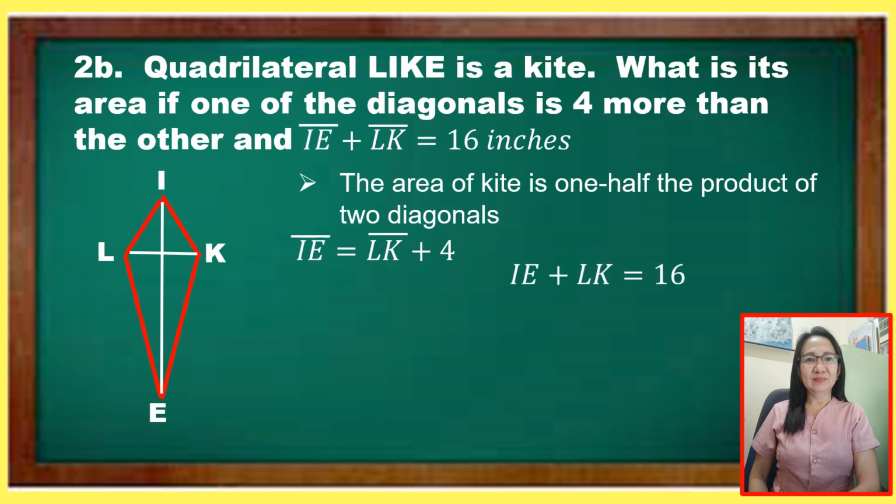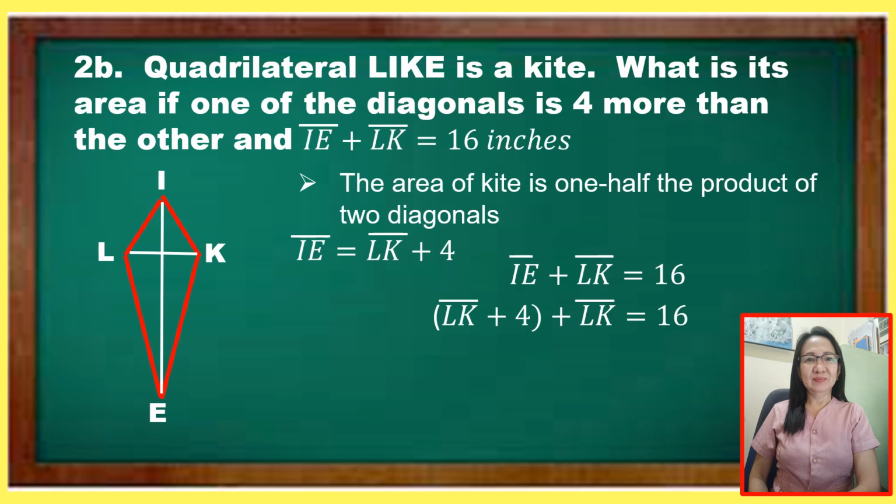It is also stated in the problem that the length of IE added to LK is 16 inches. Since IE, which is the longer diagonal, is represented as LK plus 4, let us substitute this. So LK plus 4 plus LK is equal to 16.